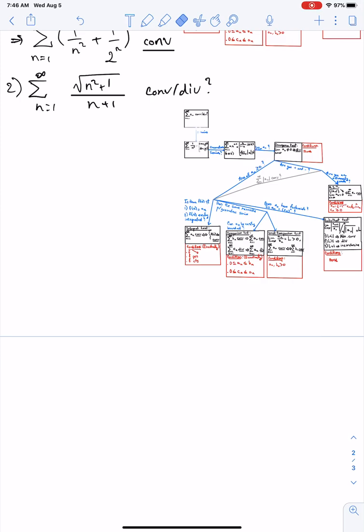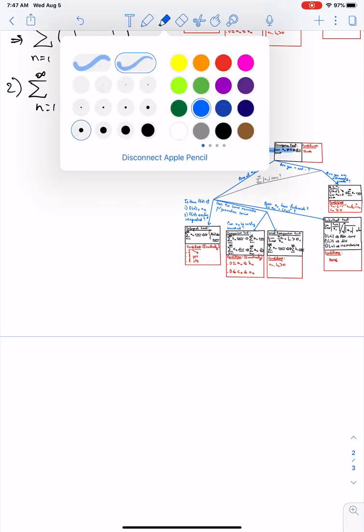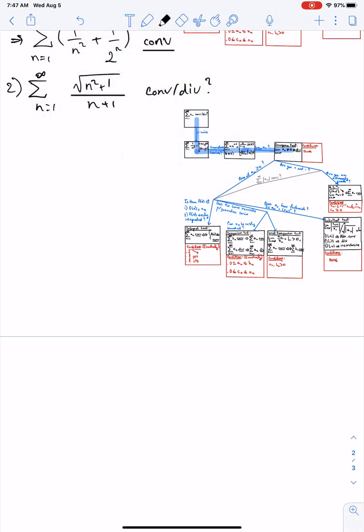Again, is this a P series? No chance. Is it a geometric series? Not a chance. Can we do the divergence test here? Well, it looks like an algebraic function, but if I take the limit as n approaches infinity of this, actually it's not that bad.